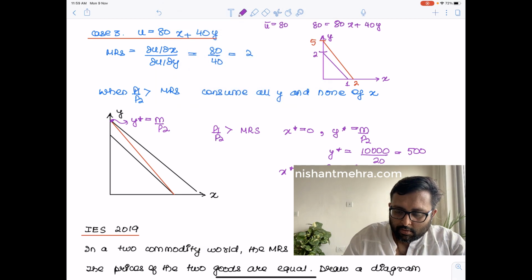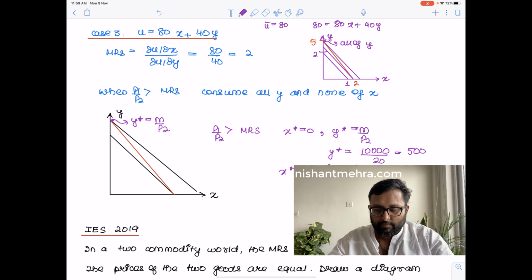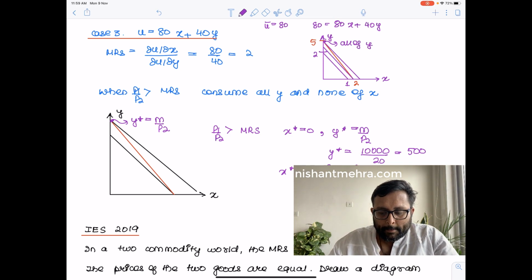No. Is this the highest one? No. You can go still further. This is the highest one. All of y, m by p2. Right, beta? M is what? 10,000. P2 is what? 20. It's 500.